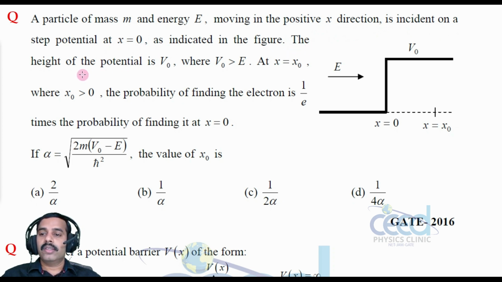The height of the potential is V0, and V0 is greater than E. The probability of finding the electron at x equal to x0, where x0 is greater than 0, is 1 by e times the probability of finding it at x equal to 0, if alpha is equal to the square root of 2m(V0 minus E) by h cross squared. The value of x0 is, right? That is a beautiful question.